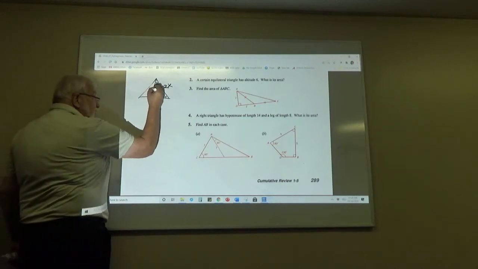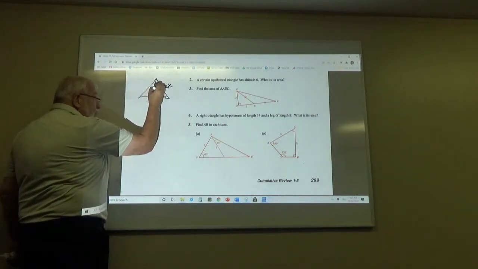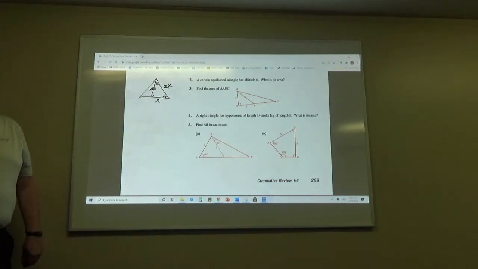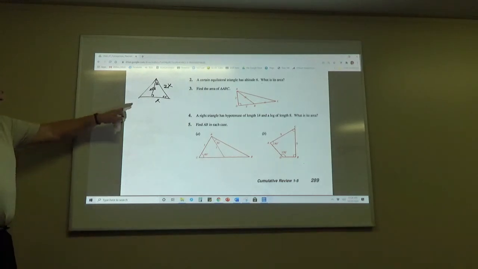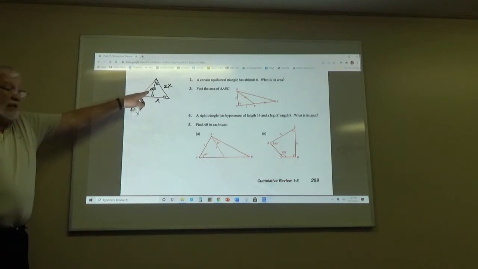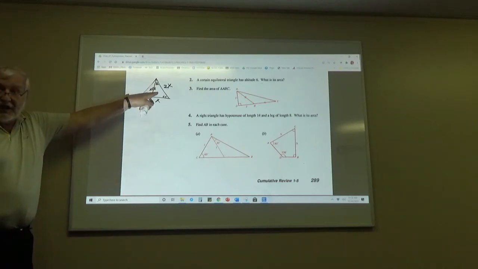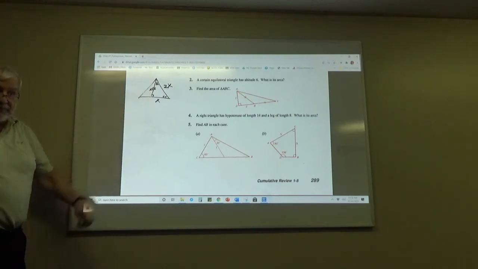And the missing side is the square root of 3 times whatever that 30 side is. All right, so now I know that x times x square root of 3 times 1/2 is the area of that triangle, and I have 2 of them.